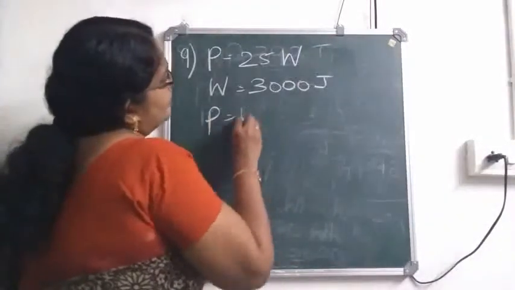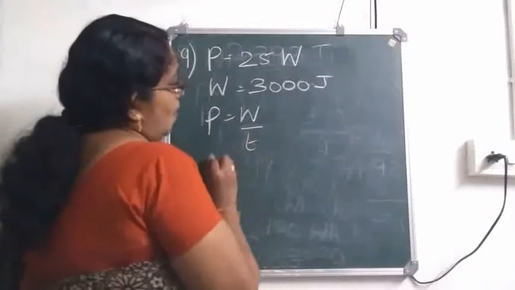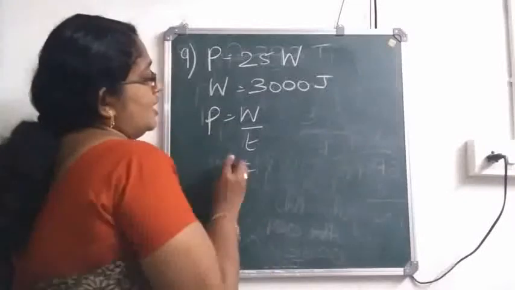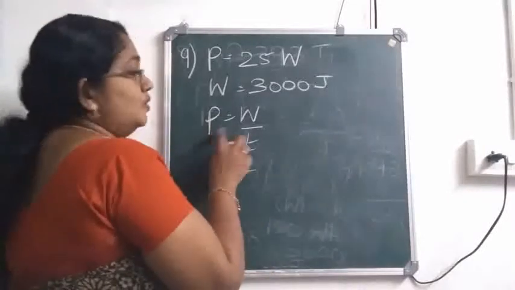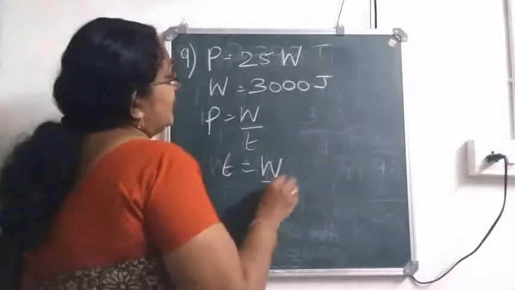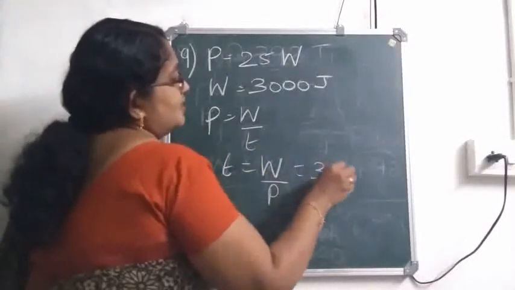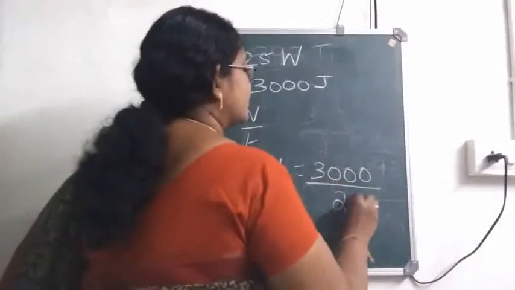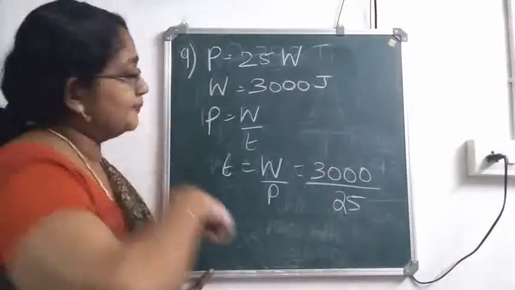Power is equal to work by time. We have to calculate time, isn't it? So, time is equal to, T will go here and power will come down. W by P. So, this is 3000 divided by 25.